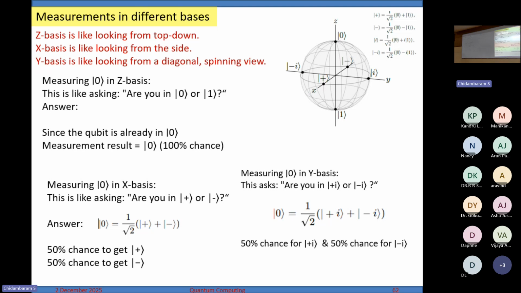If you measure with a different basis, we should discard it. How do you know whether your basis is the same or not? That we should exchange. We are not exchanging the bit, rather we are exchanging the basis.